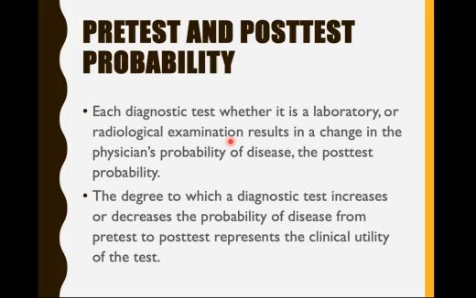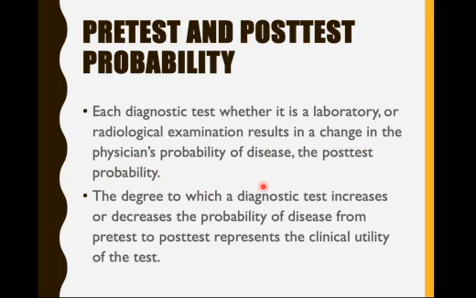The pre-test probability, as we said, is the probability of the disease or the initial subjective impression of the physician, and then after doing a laboratory examination, it could be laboratory, it could be radiologic, or what have you, you now refine the pre-test probability, you now make a post-test probability, meaning after the laboratory examinations, what will be the probability of that disease?